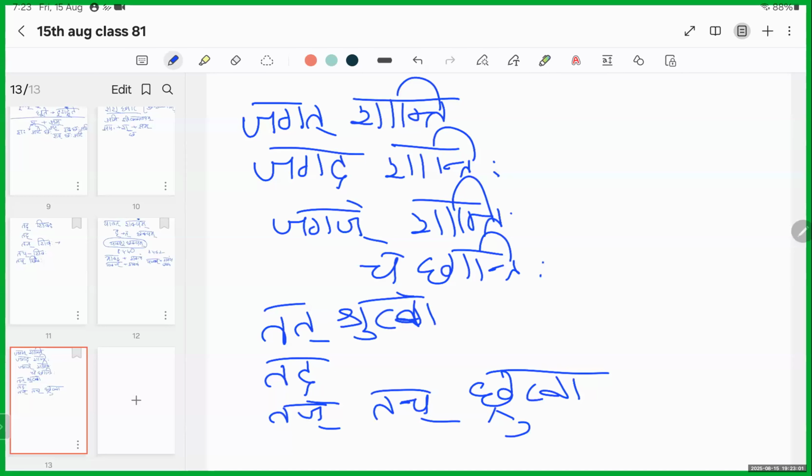Chakara Refa. Instead of Shrutva, Shrutva. Touch Shrutva. Tachrotram. Yena Shrunoti Tachrotram. Okay. Are these clear? Any questions so far?